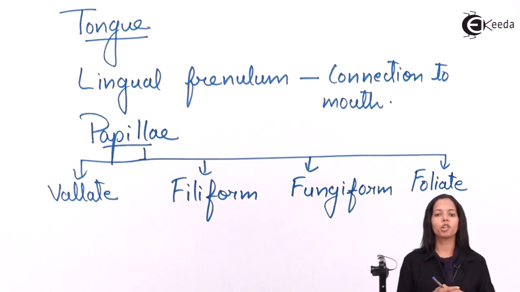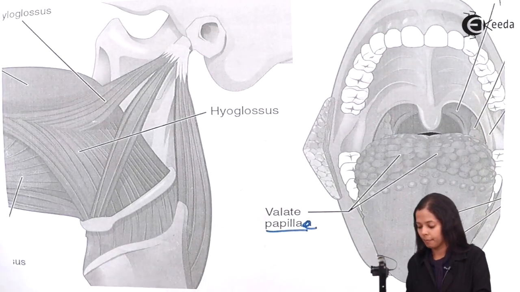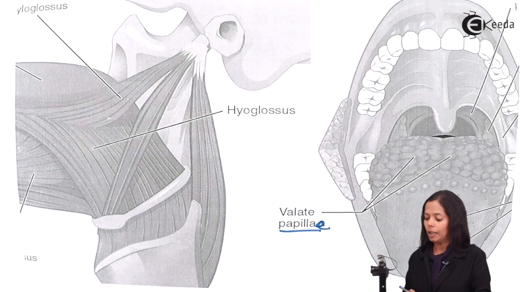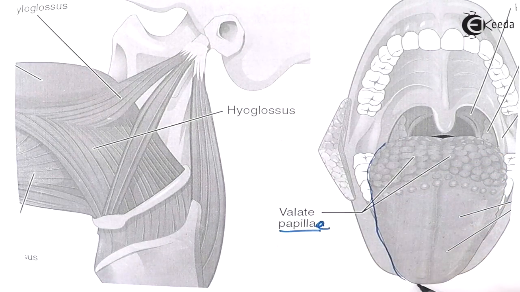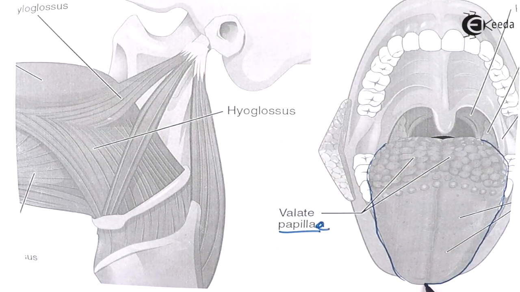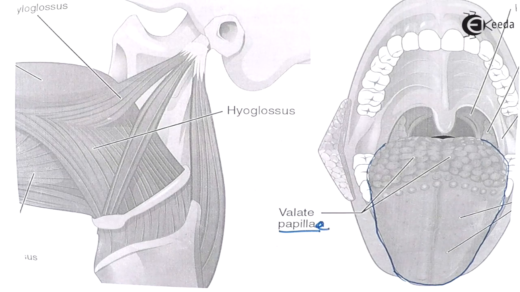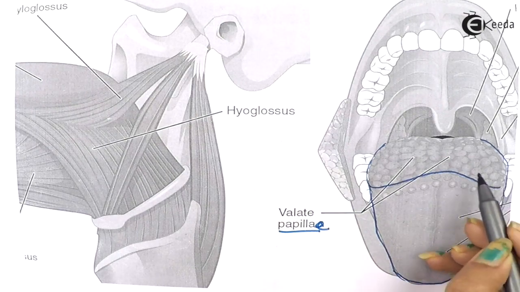Now let's see the location of these various types of papillae. And in this diagram you can see this is the tongue. First I will speak about Vallate Papillae. Vallate Papillae are present at the posterior part.